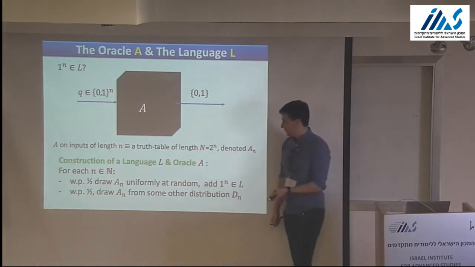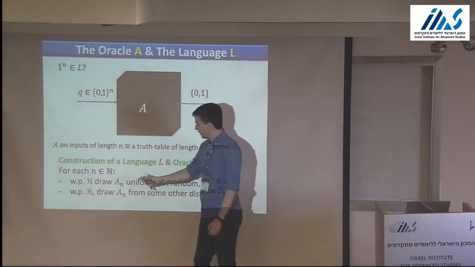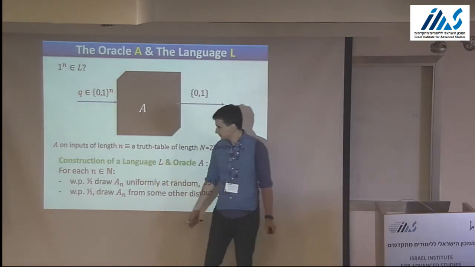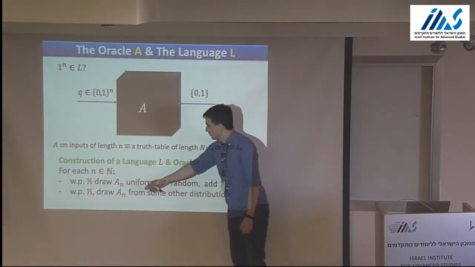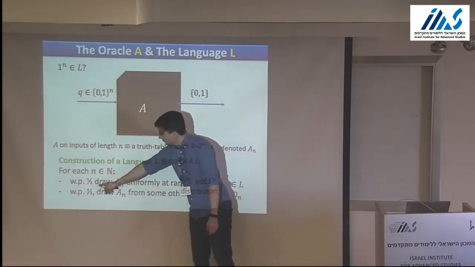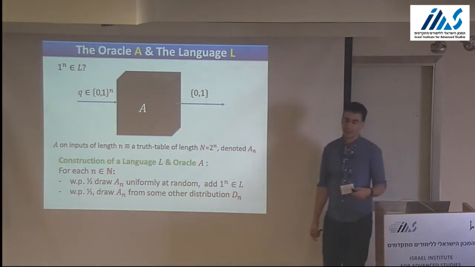Do I include the string 1^n in the language or not? So how am I going to make this decision? I'm going to make it at random. So for each input length, with probability 1/2, let's say I do a coin flip and I get heads.